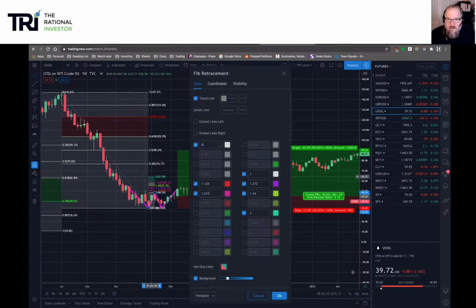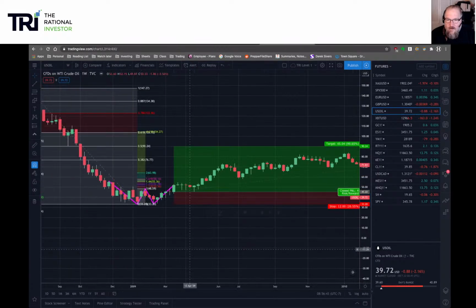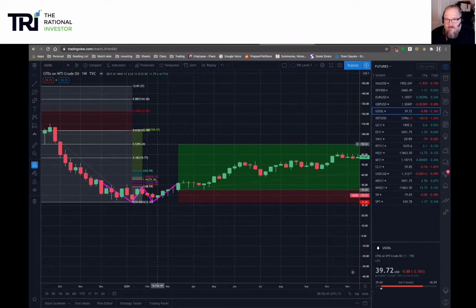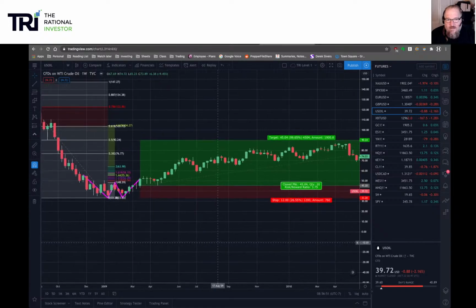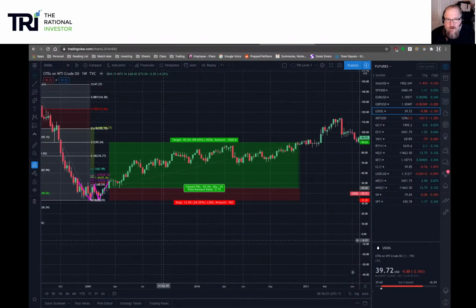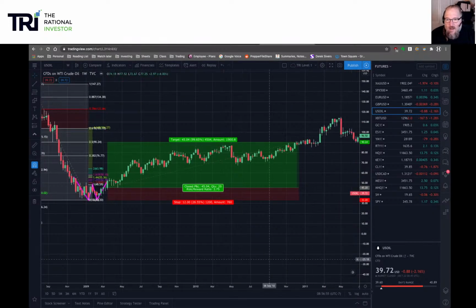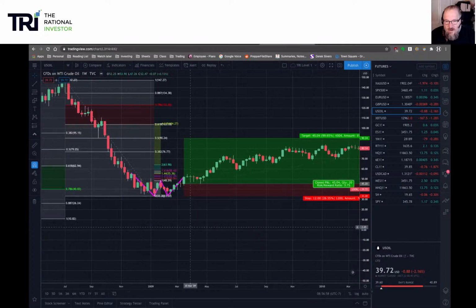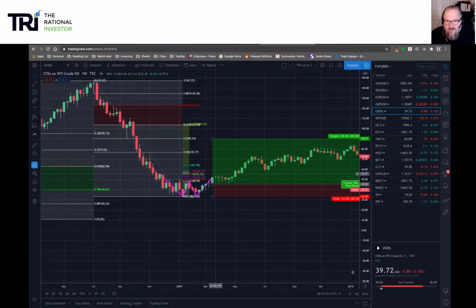I'm curious where the 4.618 is. So 4.618 would have taken us right up just above Mountain Man here into this reload zone. And that would have been valid, like we would have gotten paid. But if you're using extensions, what you're going to do is probably take partial profits at certain key levels.